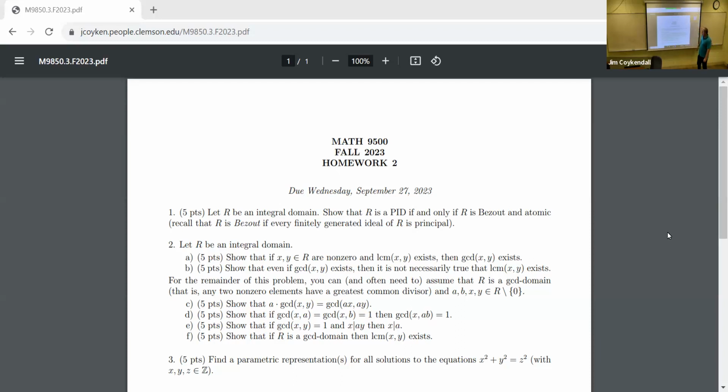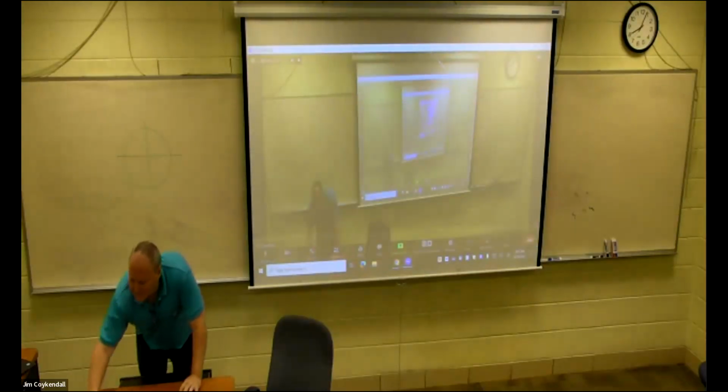Let me give you a hint on that one. I want you to parameterize the solutions in the integers. Here, I'll get this screen out of the way so I can give you a little hint.